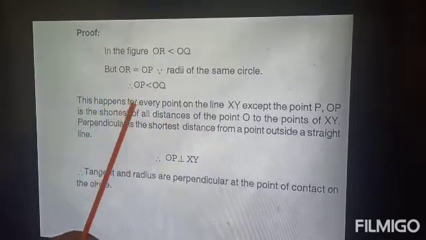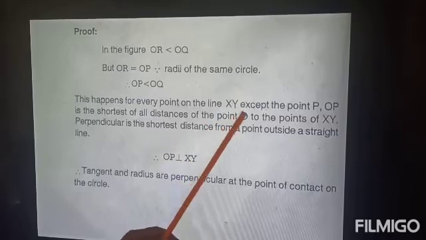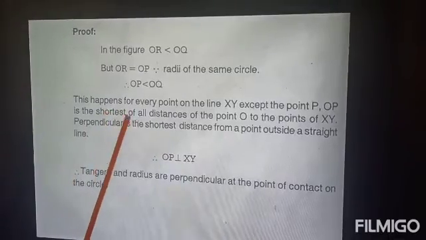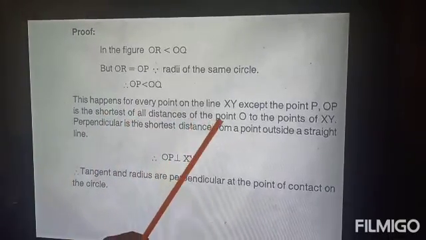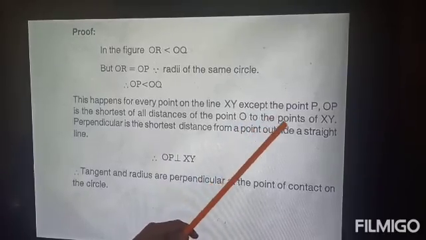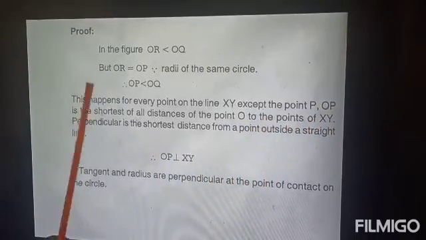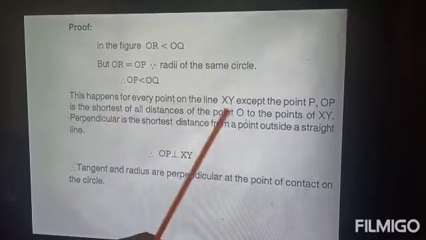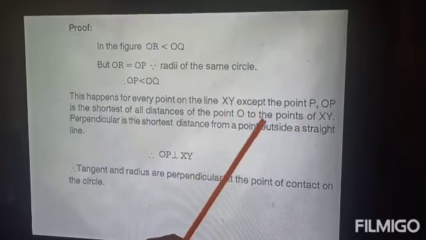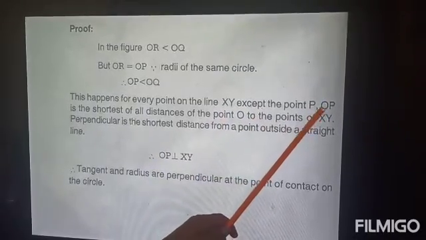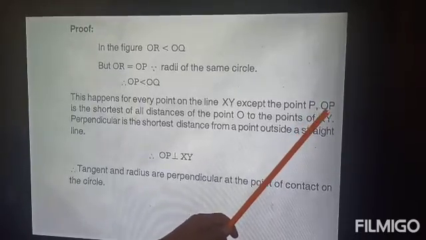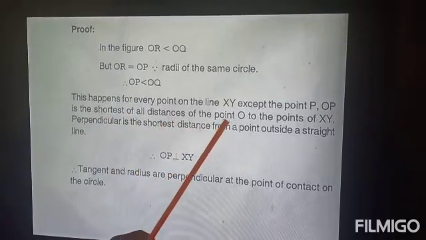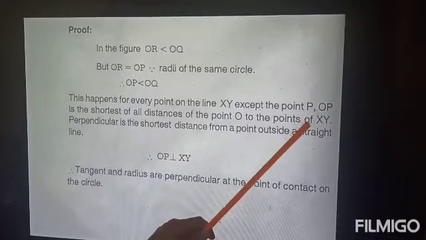This happens for every point on the line XY except the point P. OP is the shortest of all the distances from the point O to the points of XY.